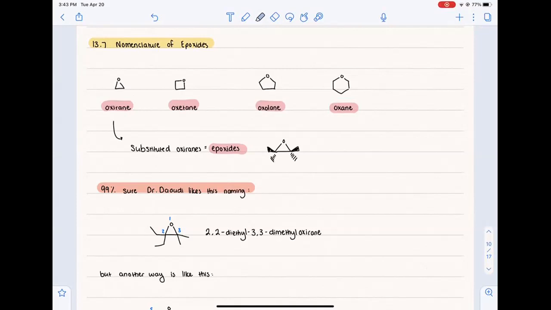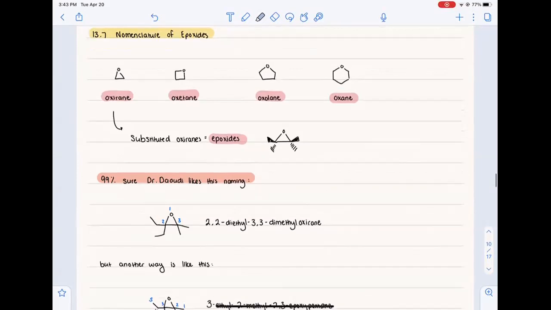Epoxides are just oxygens in a closed unit that has a name, cyclo. And then we have oxirane, which is the one that we are really going to focus on here. And substituted oxiranes are called epoxides.